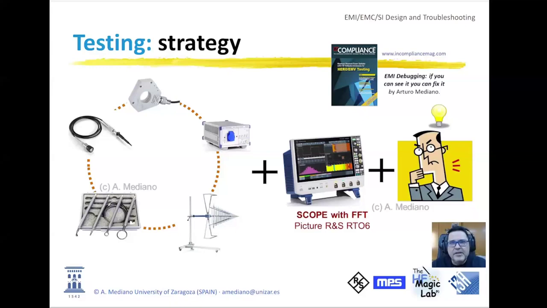The second important thing is that we have several channels. And because we have several channels, we are able to work with different probes. For example, we can use voltage probes, current probes, near-field probes, line impedance stabilization networks, and antennas. So if you are trying to measure radiated or conducted emissions, you will be using antennas or line impedance stabilization networks.